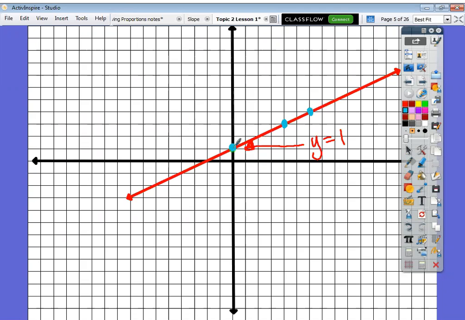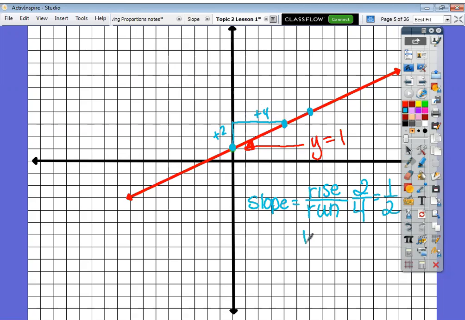So it looks like I went up 2, so that's +2, right 1, 2, 3, 4. So remember, slope is rise over run. My rise was 2, my run was 4. This reduces down to 1/2.